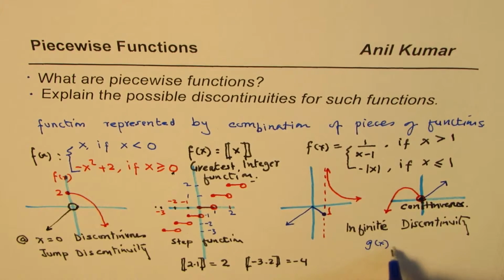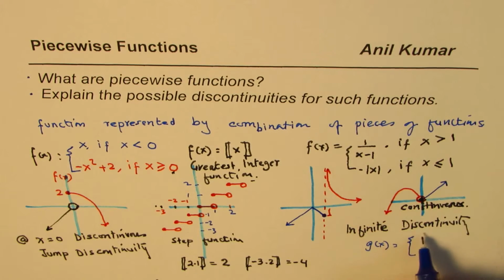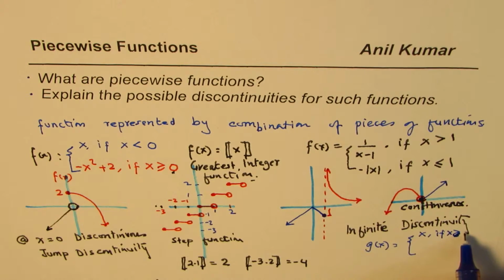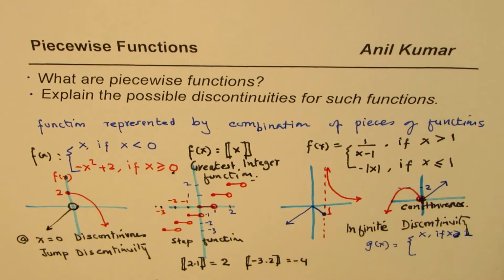We are saying g of x is a combination of two functions. One is to the right of x equals 0, which seems to be x, right? So let's say x if x is greater than or equal to, I should not say equal to. Yes, I have filled up this portion, so greater than or equal to will work. X is greater than or equal to 1. And on the other side, we have a parabola. Let's say this is 2, right?